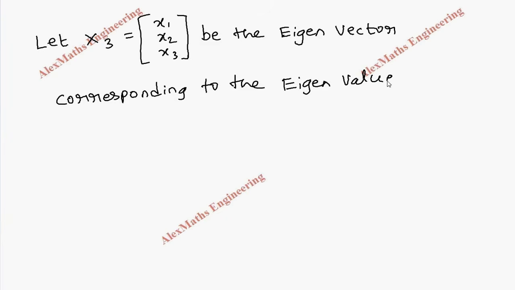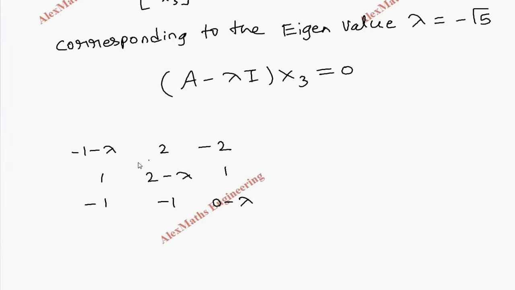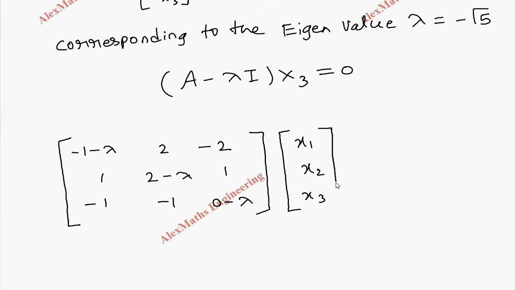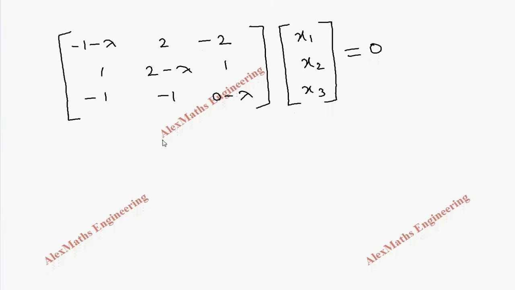We have the other eigenvalue lambda equal to minus root 5. So we have to take the matrix A minus lambda I into x3 equal to 0, and we have copied the A minus lambda I matrix here into x3. x3 is x1, x2, x3, which is equal to 0. Now we have to substitute the value of lambda as minus root 5.